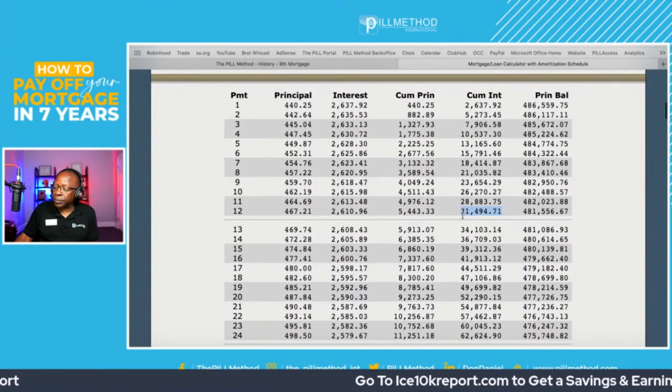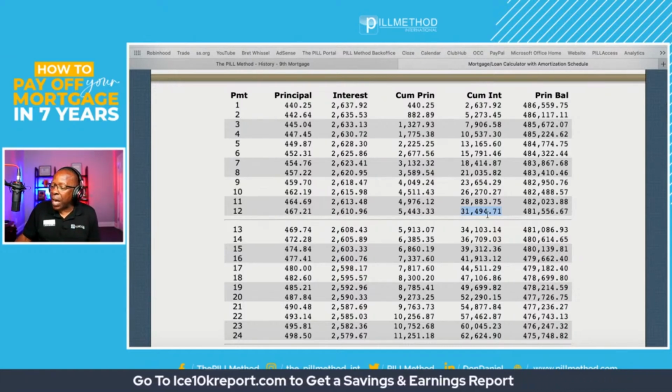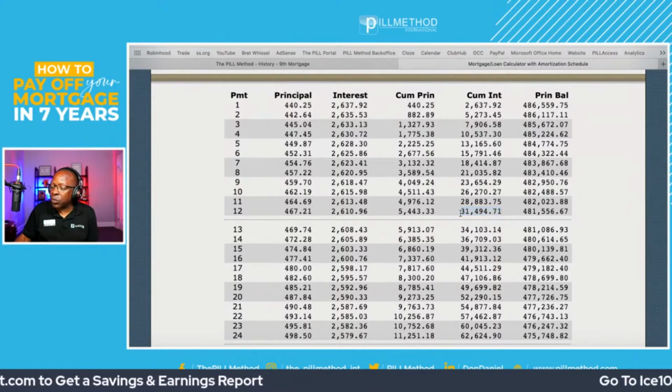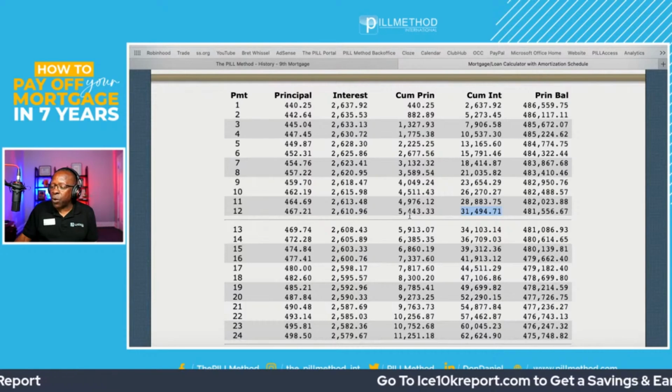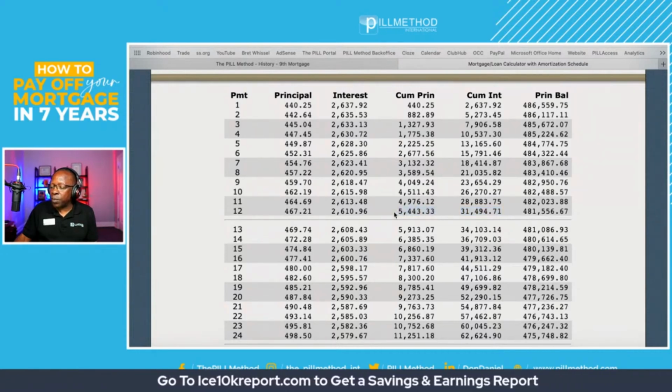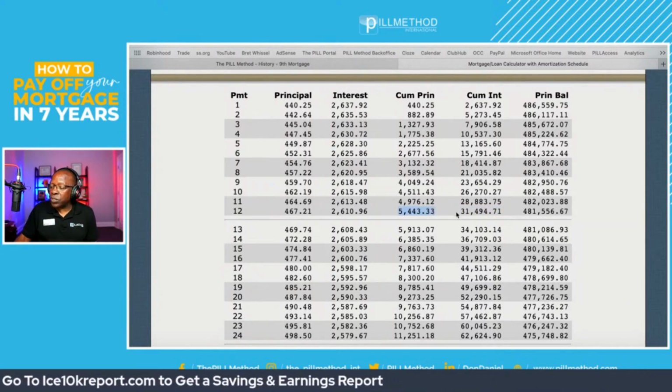Look at this. Okay, $31,494.71 going to interest in the first year, while only $5,443.33 goes to principal.